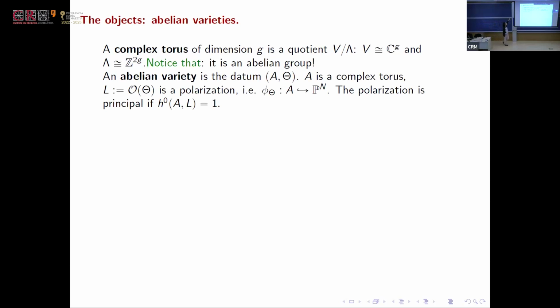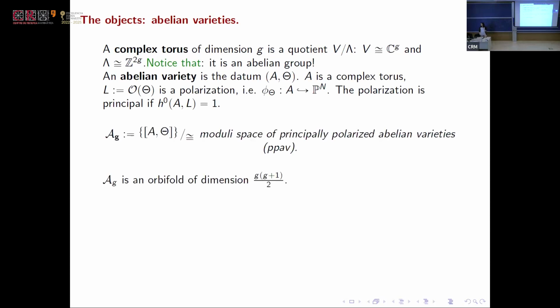What we keep in mind is that we can embed our complex torus into some projective space.